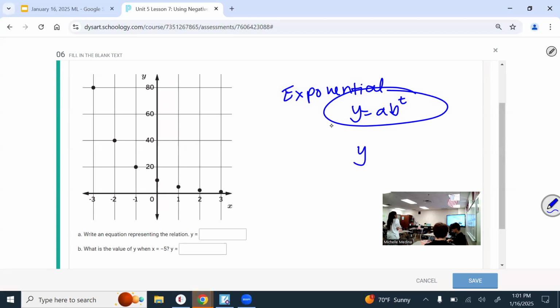But what's going to be my initial amount? 10, it looks like. It's hard when it's not perfectly on the grid line. But your initial amount is always your y-intercept. So even if they give you some of these, it's still when time is 0. For the b, I would recommend making a table.